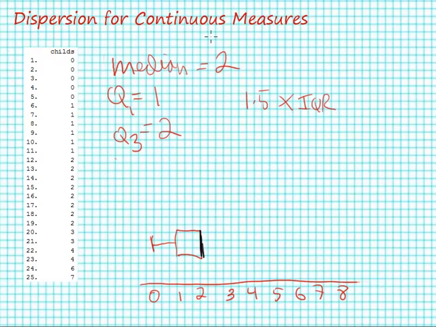On the other side of this, we can have 2 plus 1.5, or 3.5, and we know that our whisker then would extend, since 4 is greater than 3.5 and 3 is less than 3.5, to 3. And then, since I have so few cases, I'm just going to plot out my outliers at 4, 6, and 7.